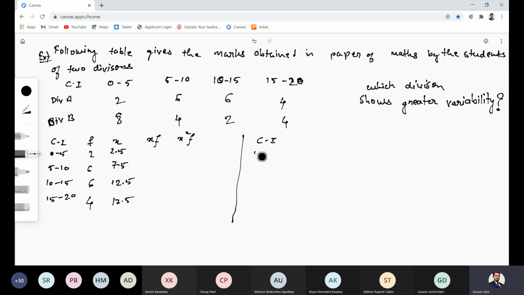Similarly, class interval 0 to 5, 5 to 10, 10 to 15, and 15 to 20. So the frequency is 8, 4, 2, 4.